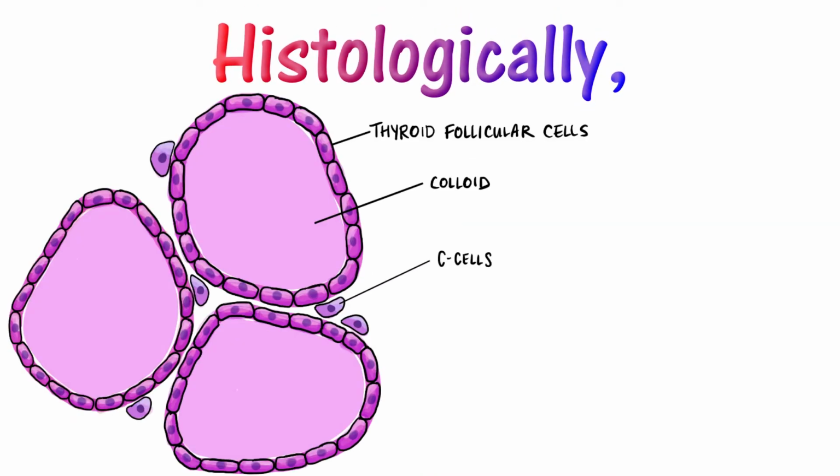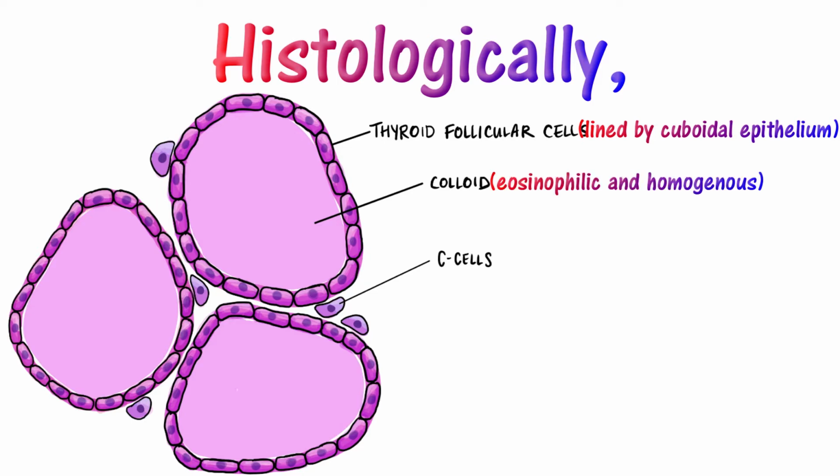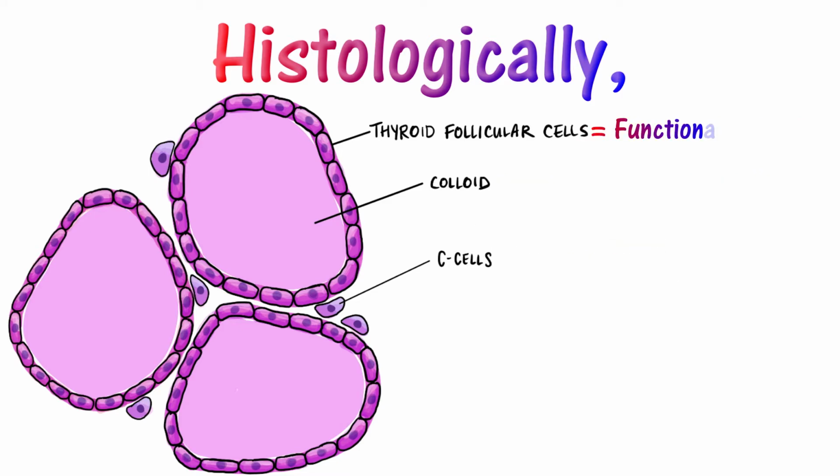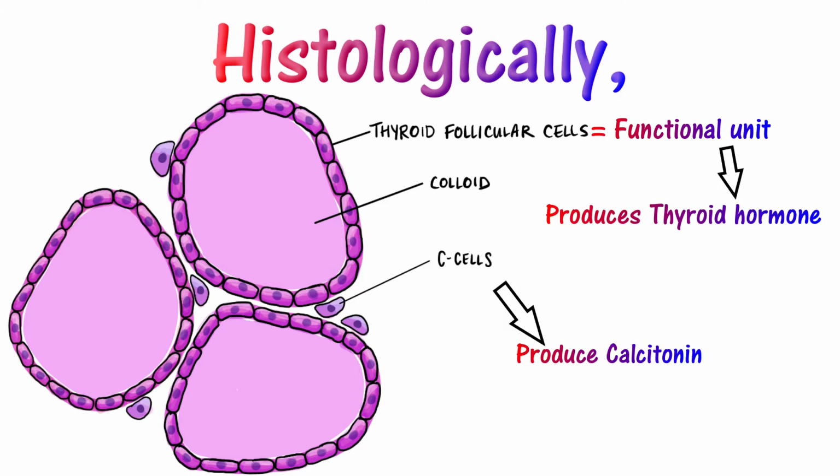Histologically, the thyroid gland has thyroid follicles lined by cuboidal epithelium with eosinophilic homogeneous colloid in the lumen. In the connective tissue between the thyroid follicles lie the parafollicular cells, or clear or C cells. The thyroid follicle is the functional unit of the gland that produces the thyroid hormones, while the C cells produce calcitonin, which mainly serves as a calcium-decreasing hormone in our body.